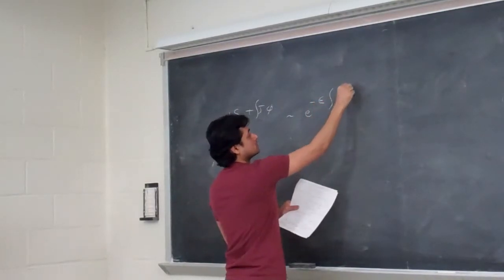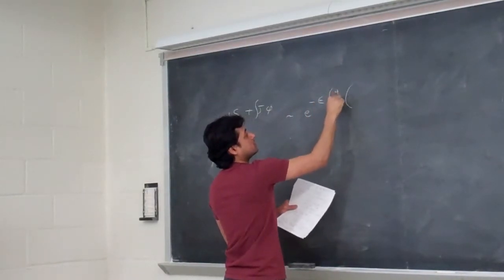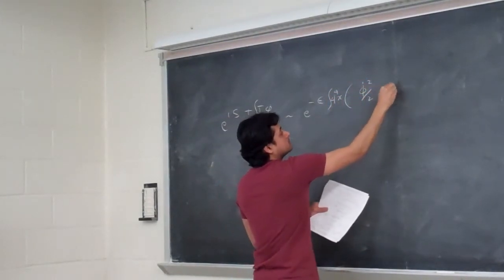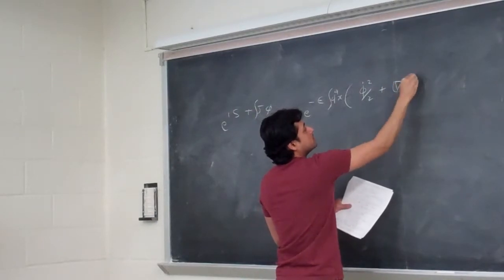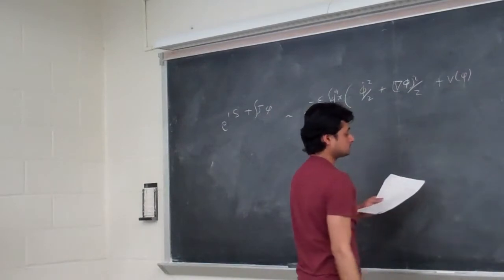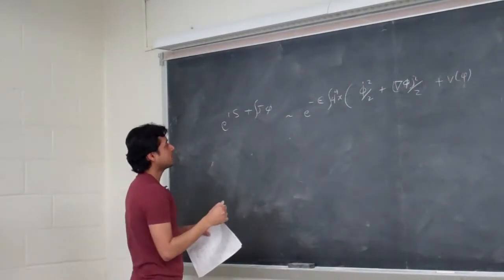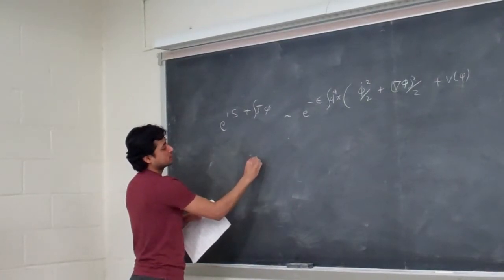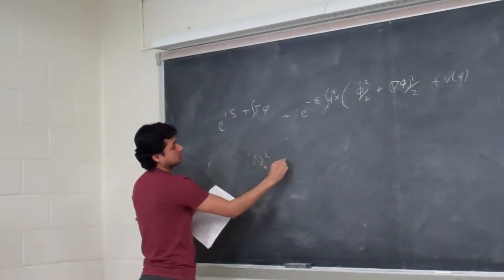There's an integration, d4x, let's say, phi dot squared over 2 plus grad phi squared over 2 plus V of phi. Okay. So what is happening effectively is that you are getting this combination in total.